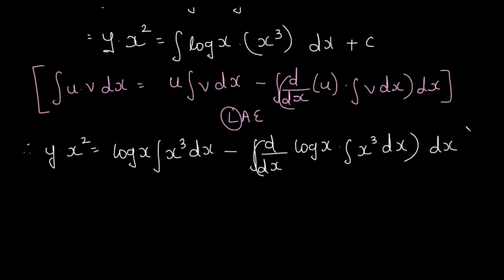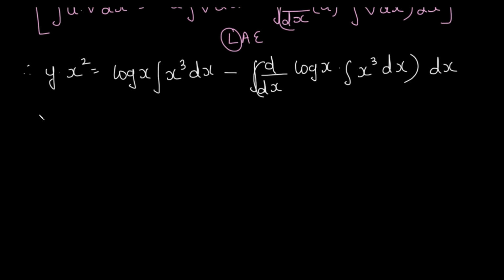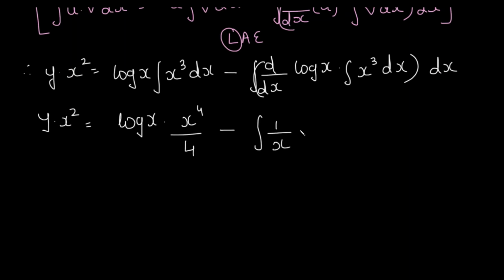So this becomes our formula. Now going further over here, y into x square is equal to log x into, now what is the integral of x cube? It becomes x raised to 4 upon 4, minus integral d dx of log x, which is 1 upon x, into the integral of x cube, which is x raised to 4 upon 4, dx.